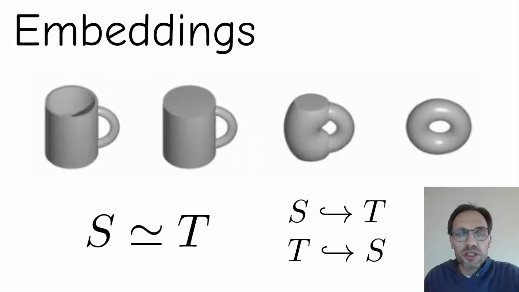So it really makes sense to study embeddings by themselves, because we're interested in the fundamental question, when are two things the same? And a somewhat easier question is, when does one thing embed into another thing?